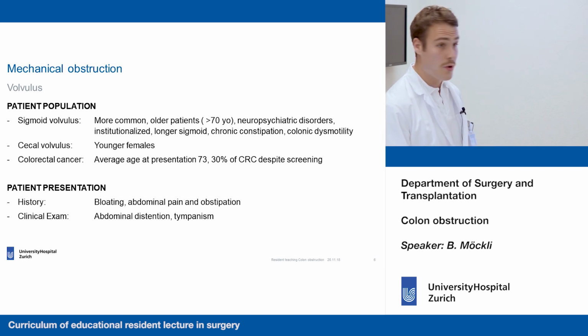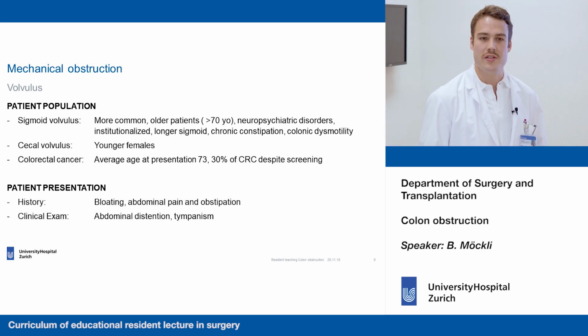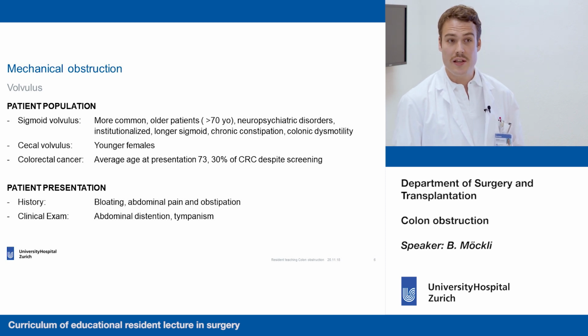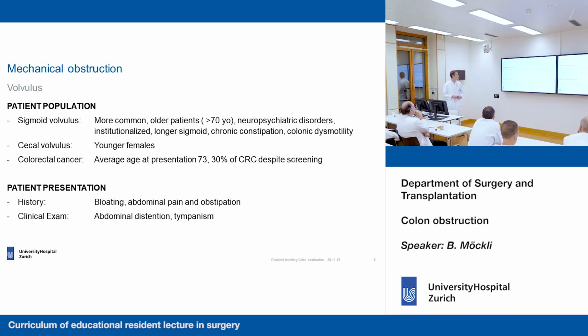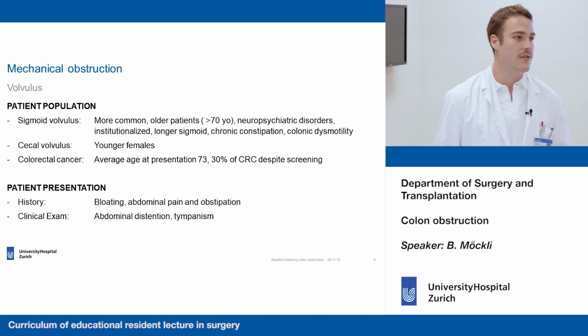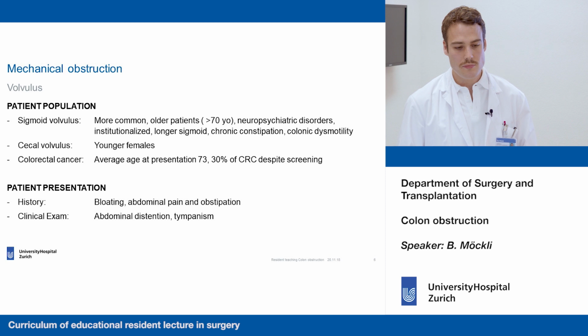Also, a longer sigmoid is a risk factor. For cecal volvulus, this often affects younger females between the age of 30 and 60, so kind of a different population. For colorectal cancer, the age at presentation is quite old, it's 73 years, and 30% of all patients who present with a colorectal cancer present with some kind of obstructive symptom, which is kind of surprising given that there's a routine screening in place.